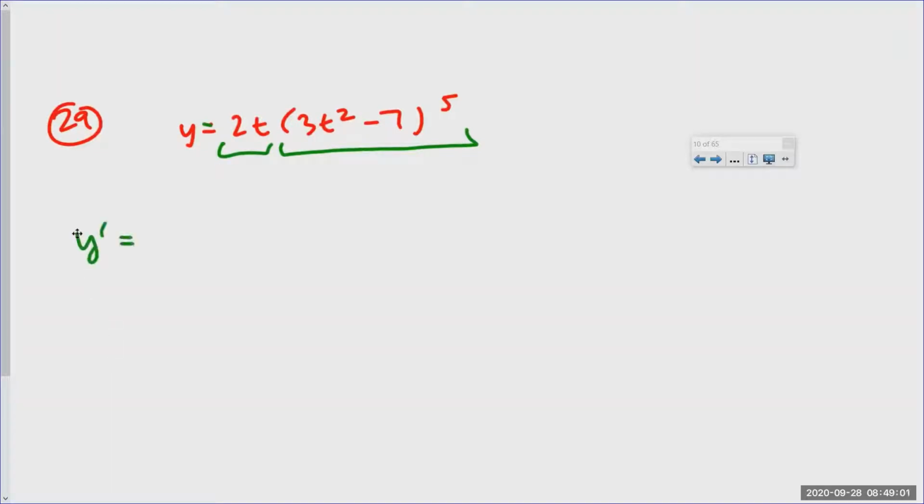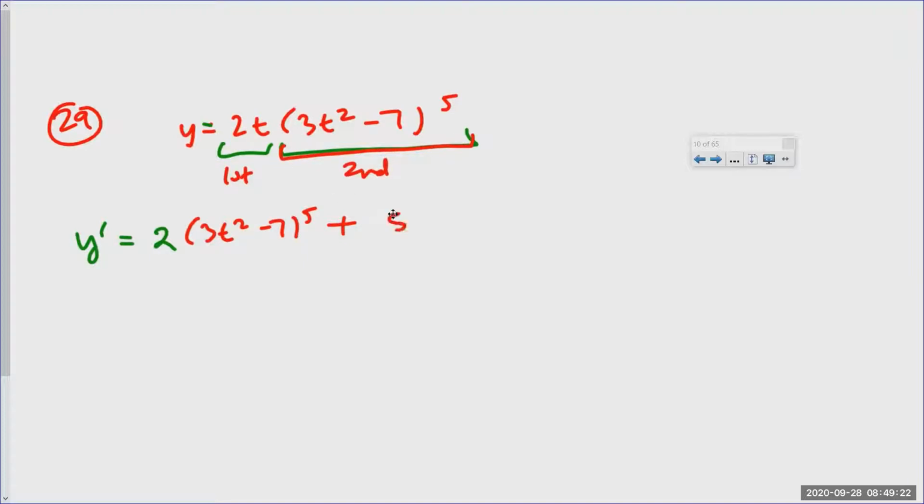So when I take the derivative, it'll be the derivative of the first times the second. Okay, so times the second means leave this alone. Plus the derivative of the second. All right, here's the second. Okay, here's the first. So the derivative of the second is going to be a chain rule. You guys see that?